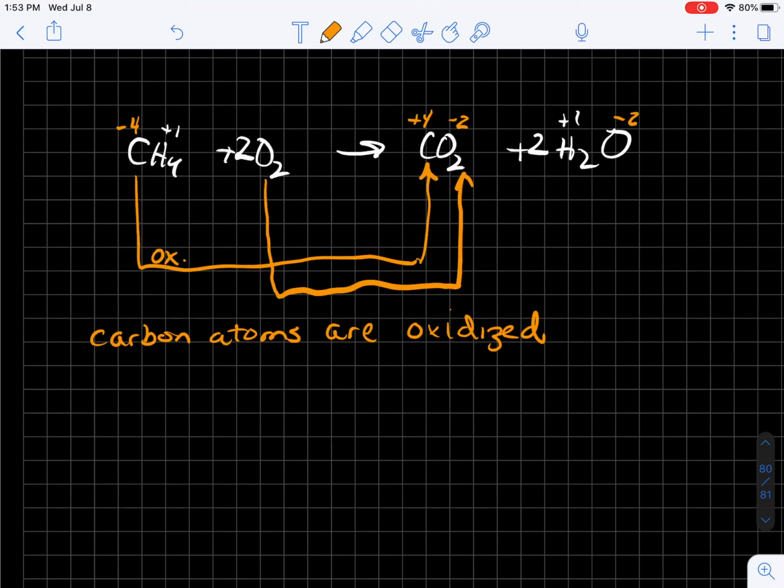And it doesn't matter whether we go to the carbon dioxide or the water, we're going to get the same charge for oxygen on the product side, it'd be -2. But as an element, all elements have a charge of 0. So oxygen is going from 0 to -2, and we would say oxygen atoms are reduced.